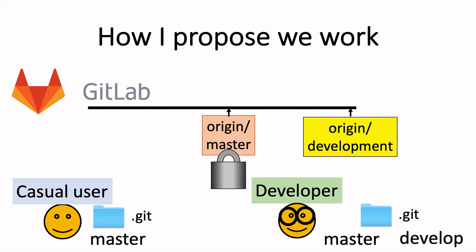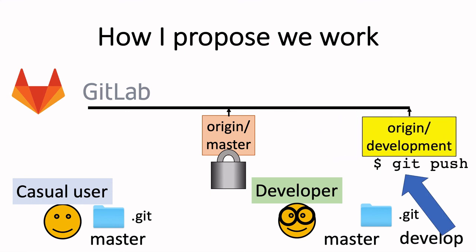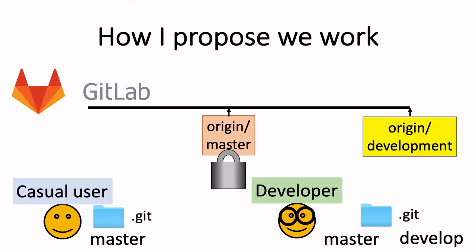But it also means that everyone can push their changes to the origin development branch, and in this way advance the project. You can also push to any other branch you wish to create, but let's keep it simple on the remotes. The origin master branch is sacred and locked, however, because we want the casual user to be able to rely on stable scripts.